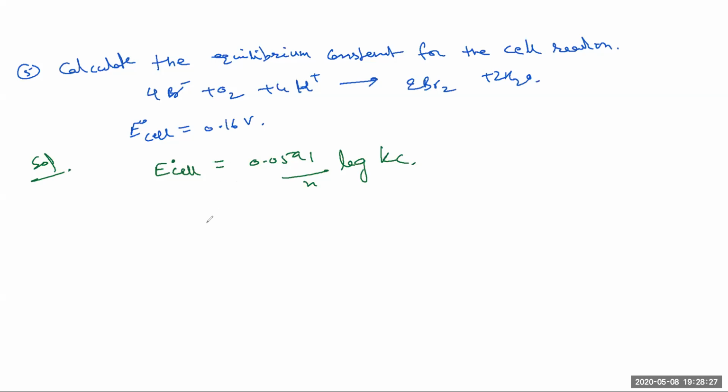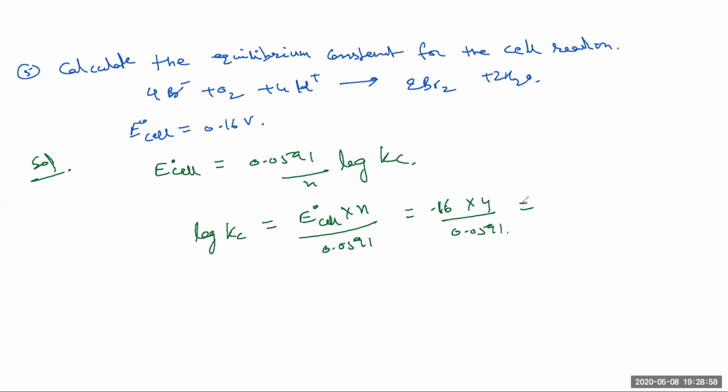Okay, equilibrium constant. Log of Kc is equal to E naught cell into n by 0.059. What is E naught value? 0.16 into n value 4 divided by 0.0591.